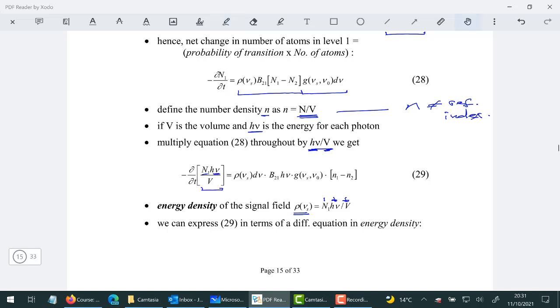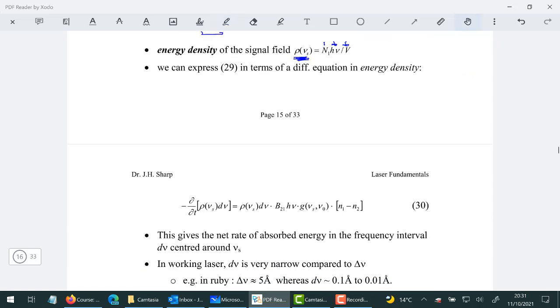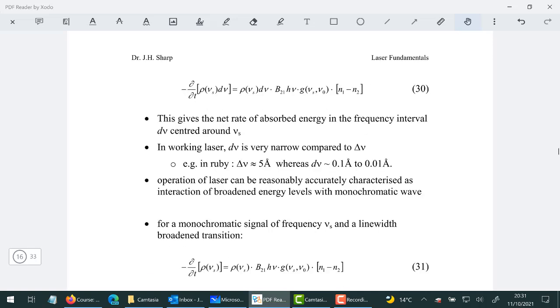Okay, so we've got a dB/dt of the expression in the square brackets here, which is equal to rho of nu s, and we can rearrange that as a nice simple differential equation: the dB/dt of the thing in square brackets is equal to the thing that's in the square brackets times another series of symbols.